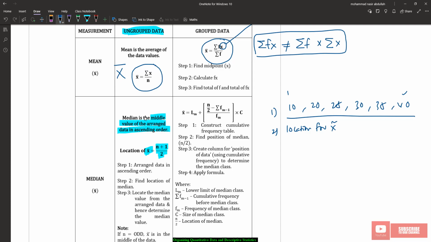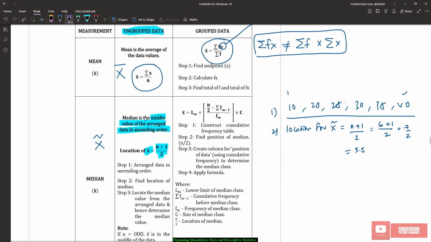The symbol for median is X tilde, the symbol for sample median. So the second step is to find the location of median, which is n plus 1 divided by 2. n is how many values we have? 1, 2, 3, 4, 5, 6. So 6 plus 1 divided by 2 is 7 over 2, equal to 3.5.